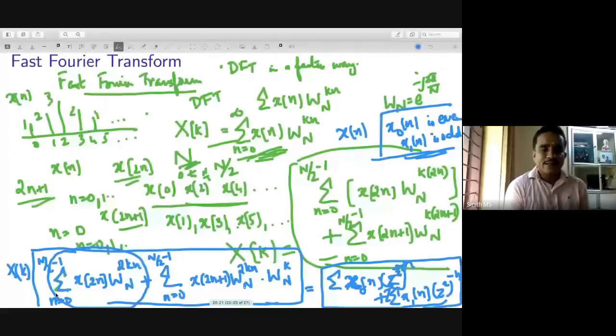Your DFT points are lesser now, and you are adding it with the odd terms DFT multiplied by W_N raised to k. This W_N raised to k you can take outside because the summation is n equal to 0 to N/2, so let us take this outside. So this is W_N raised to k. You can represent this like this.